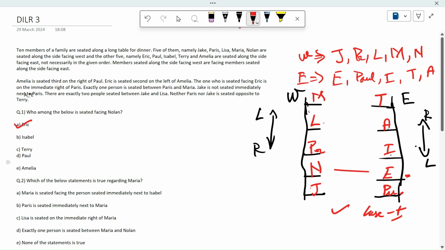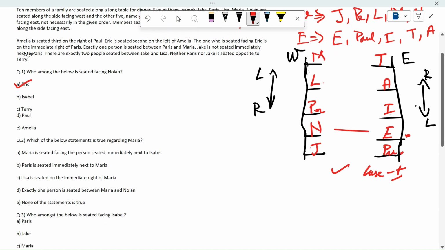Next question: which of the below statements is true regarding Maria? Maria is here. Let us check. Maria is seated facing the person seated immediately next to... No, this is not correct. Paris is seated immediately next to Maria. No, this can be removed.